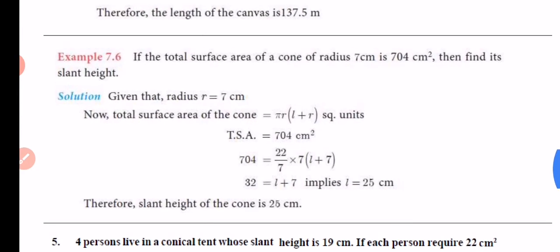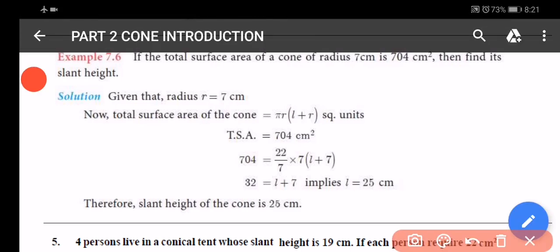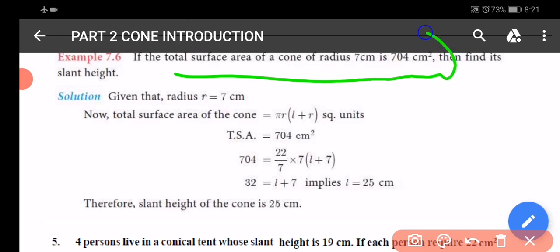It is a simple sum. In the last two sums, the area of the cone only we had to find. In this sum, the total surface area of the cone is 704 meter square. So given that TSA is given and radius is 7 centimeter.